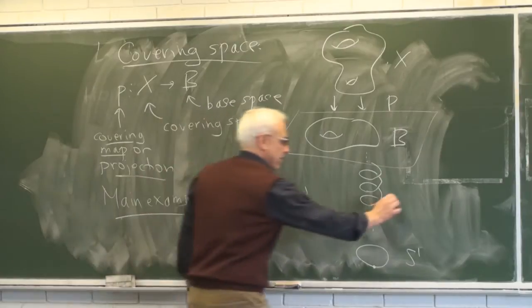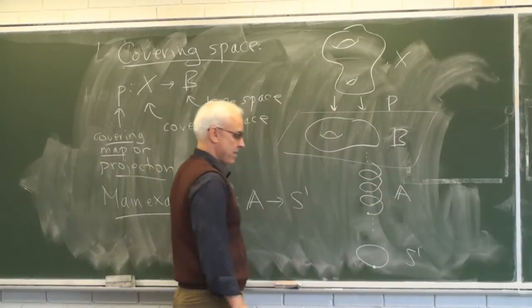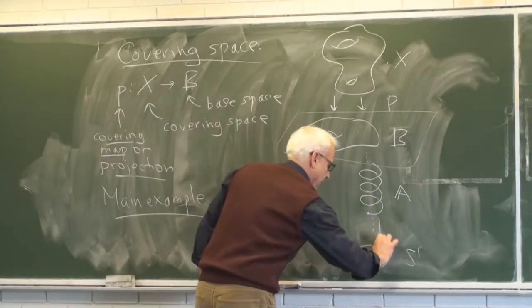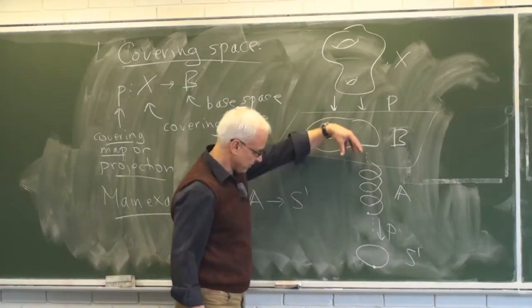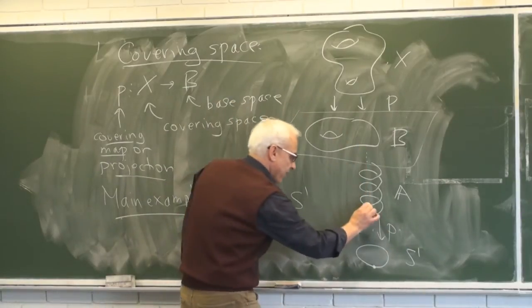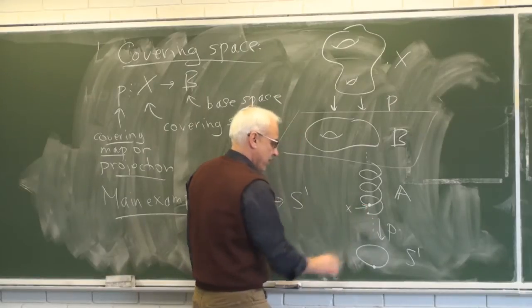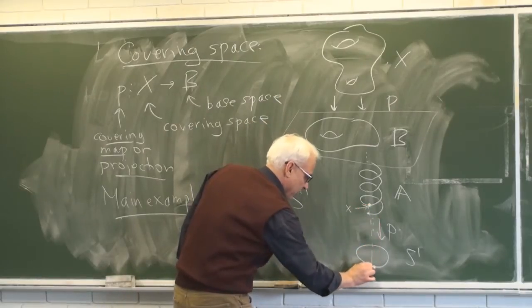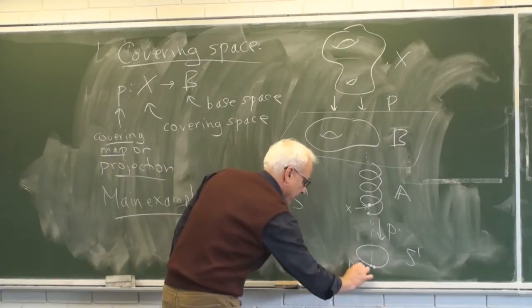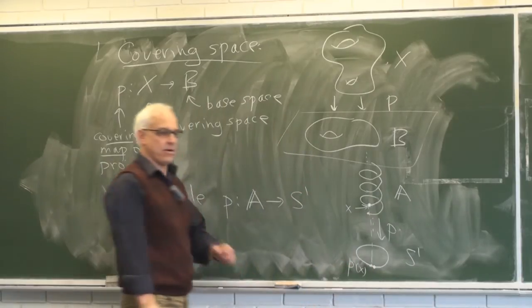So here's the line, there's the circle, and we're imagining this projection is just the vertical projection that sends every point, say x in here, directly to the point below it, p of x down here.